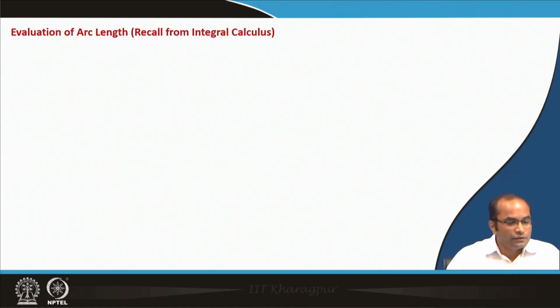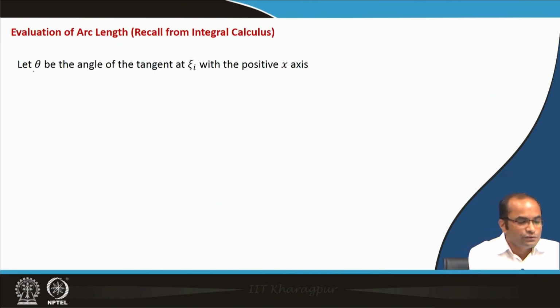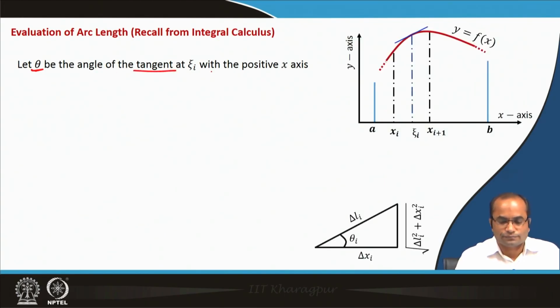First, we will recall from integral calculus how we evaluate the arc length, because that same idea of arc length will be translated for computing the surface area. We assume that theta is the angle of the tangent at a point xi i.